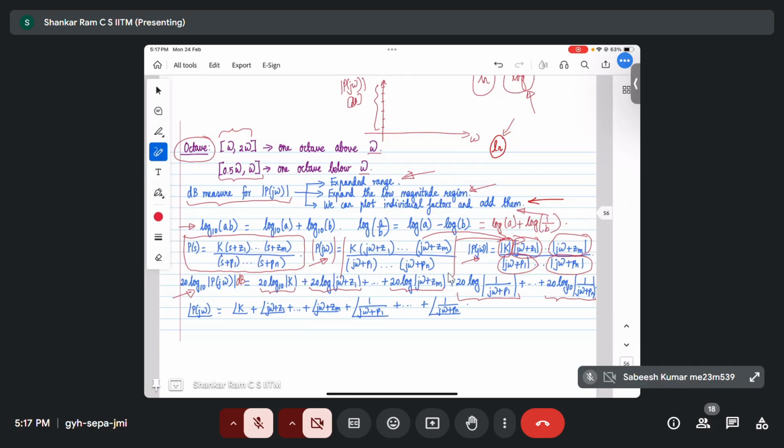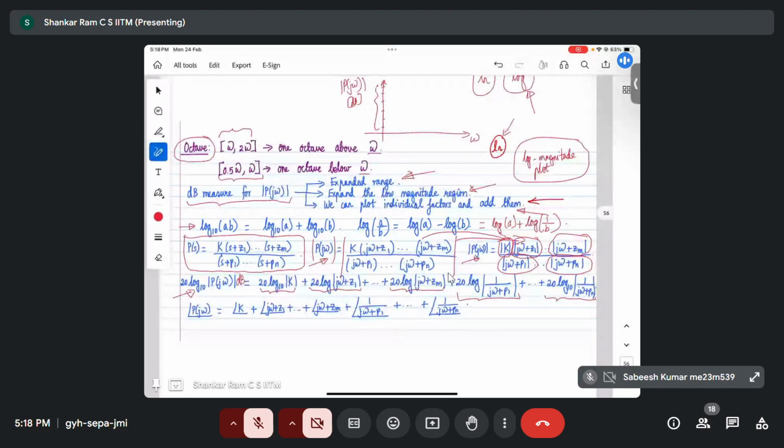This is why it is called the log magnitude plot. Once again, I'm reiterating the reason: it is called a magnitude plot sometimes after taking the logarithm. Now, what about the phase?